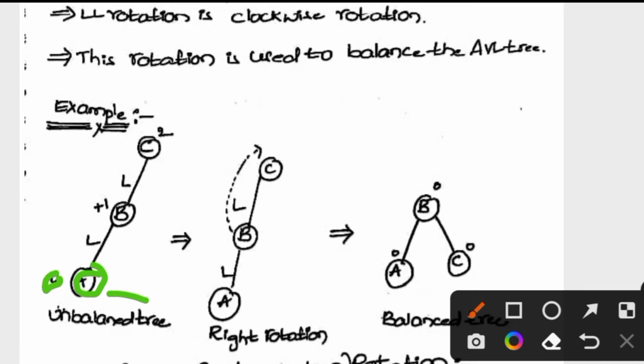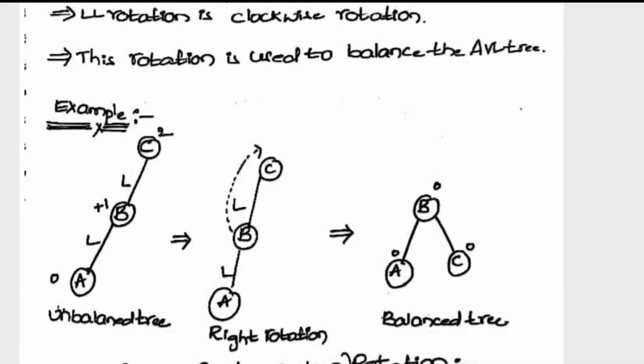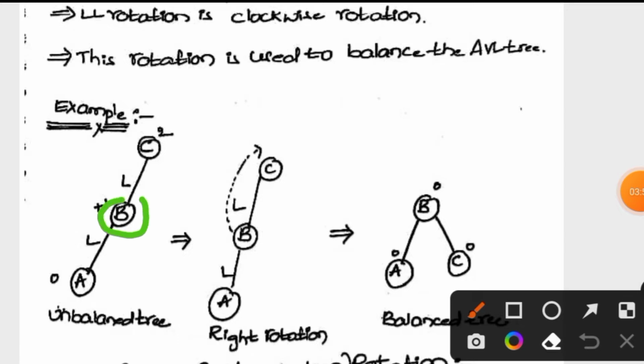Next, the balance factor of node B: the left subtree is there and there is no right subtree, so the height of the left subtree is 1 and the height of the right subtree is 0. So the balance factor of B is 1.